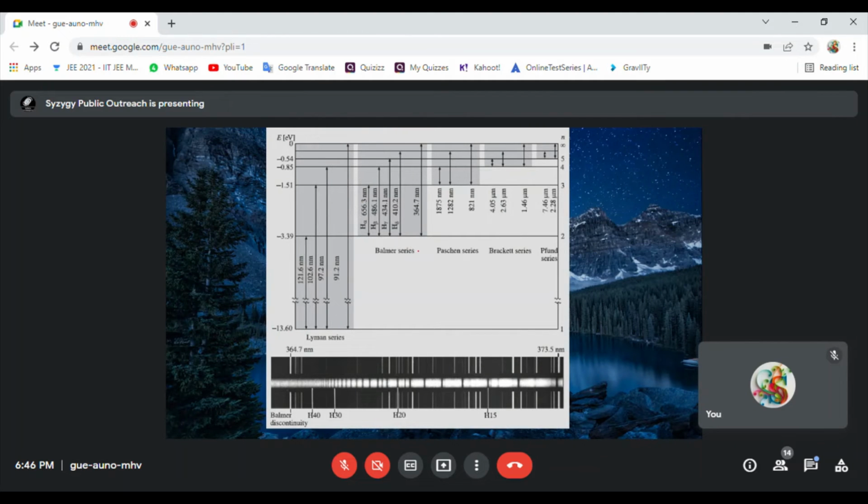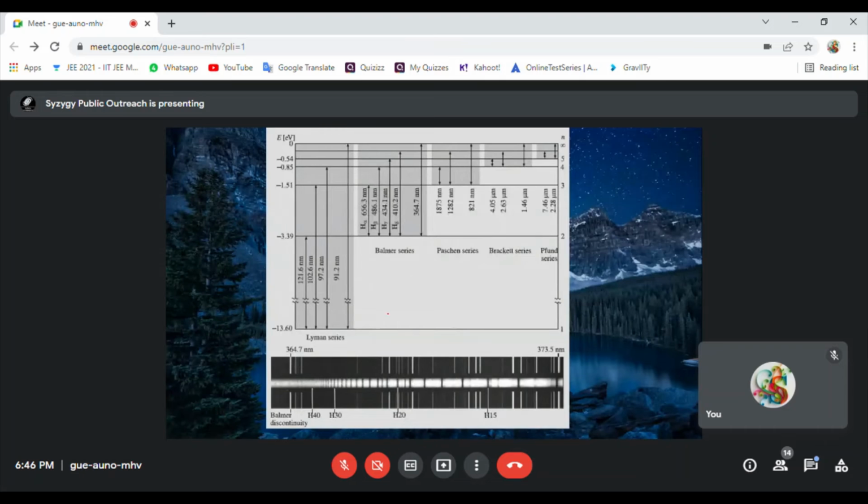In the same way, different scientists such as Balmer, Paschen, Brackett, and Pfund found the energy values for transitions from the nth level to the second, third, or fourth. Since they found them, these specific transitions are named after them.